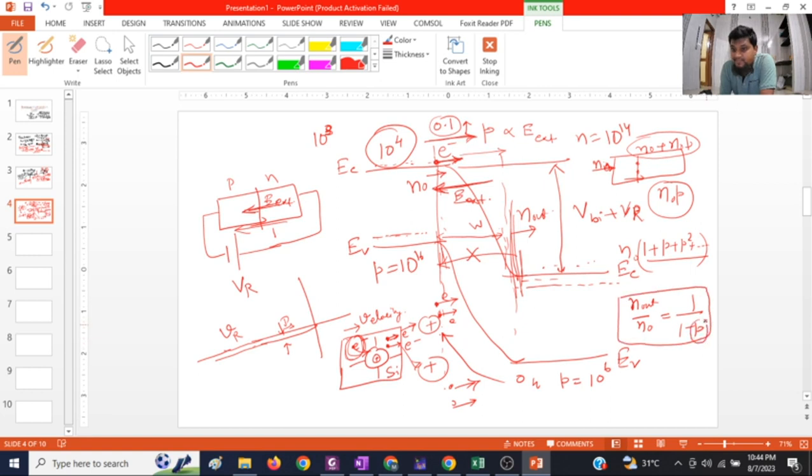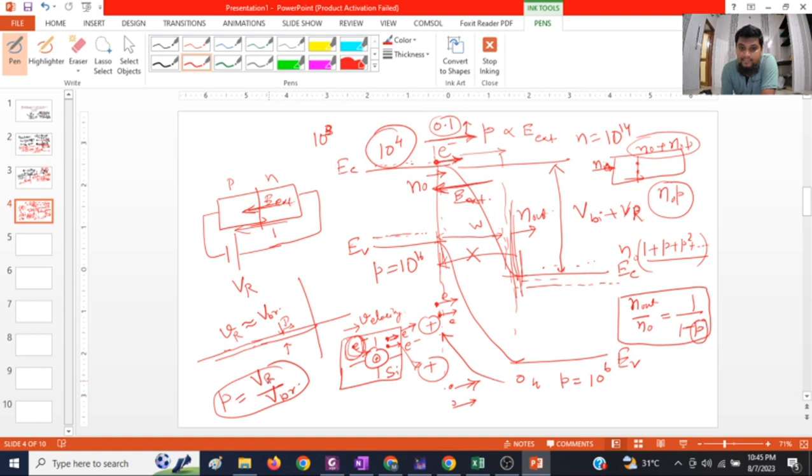Now this p, as I said, will increase with electric field. Generally, when the reverse bias reaches around the breakdown voltage, this p becomes 1. So p can be written as V_R divided by V_BR.